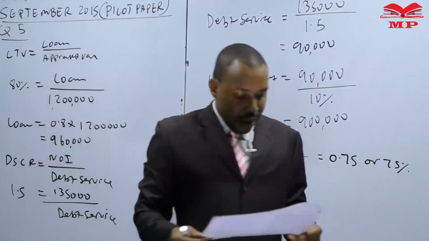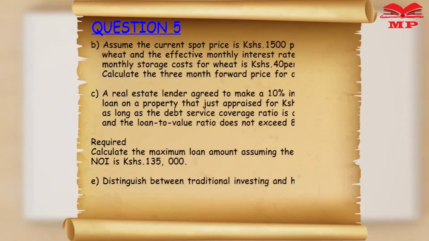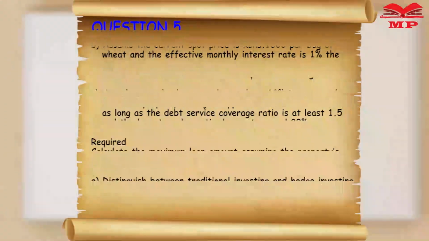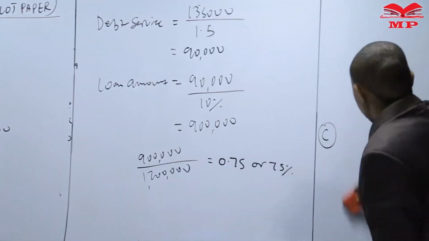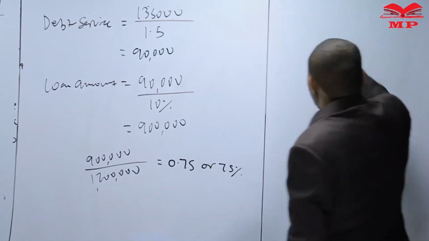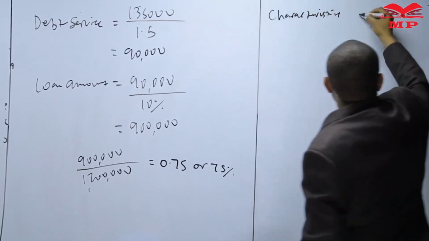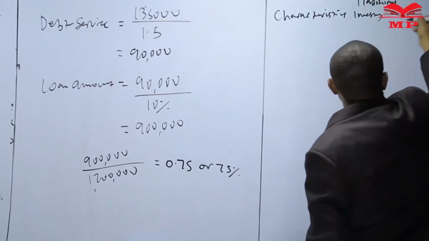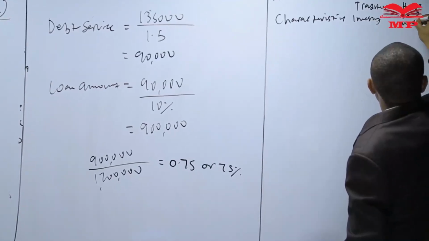Having looked at part C, let's look at the final subsection of question 5, which asks us to distinguish between traditional investing and hedge fund investing. We can create a small table. We have the characteristic, traditional investing, and hedge fund investing.